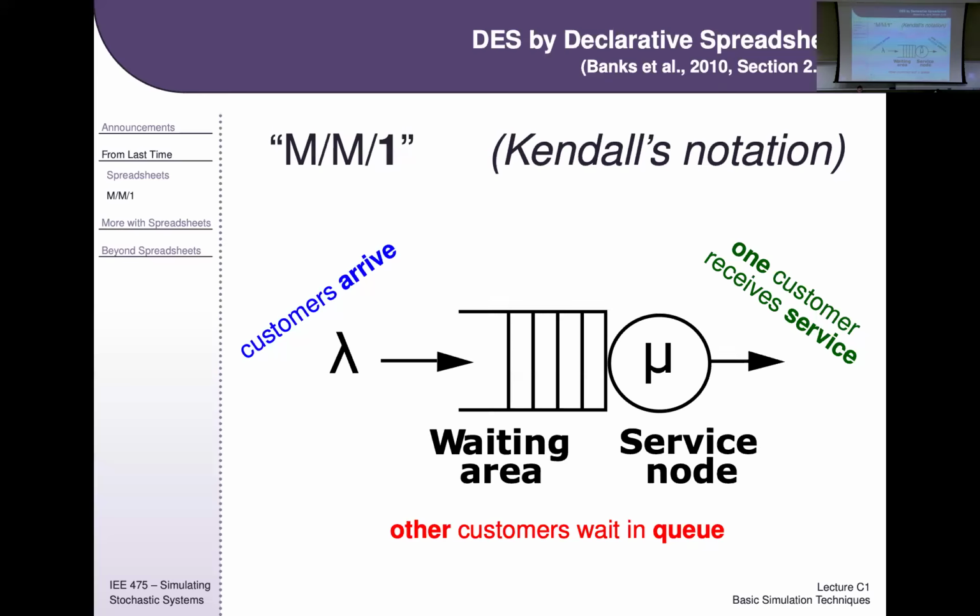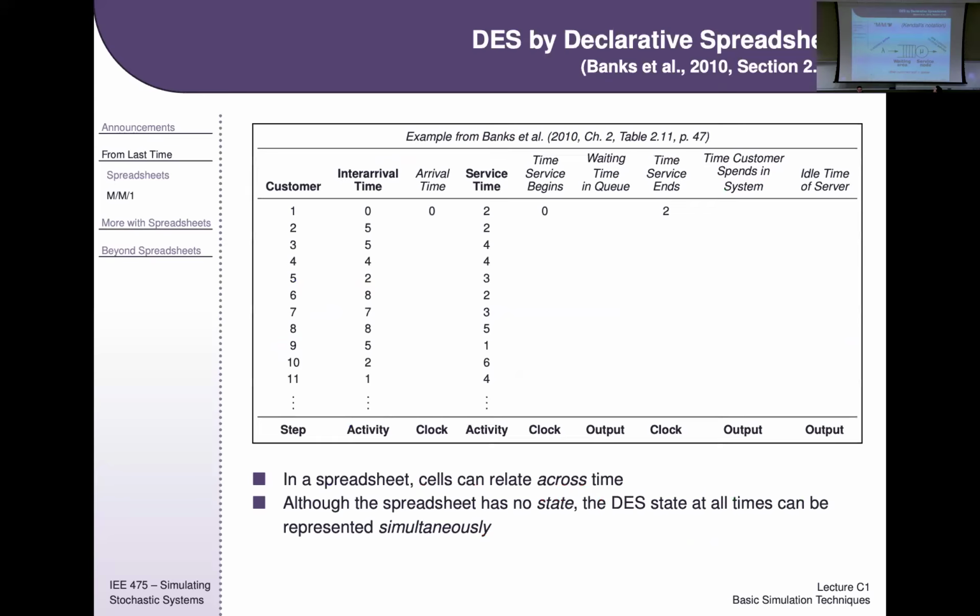The second M means you have exponential service times. And the 1 means you have 1 server. So if we're simulating an MM1 queue node, these are the inputs that we generate. And for that, the homework B1 bonus is for you to simulate these sorts of stats for an MM1 queuing node using a spreadsheet.